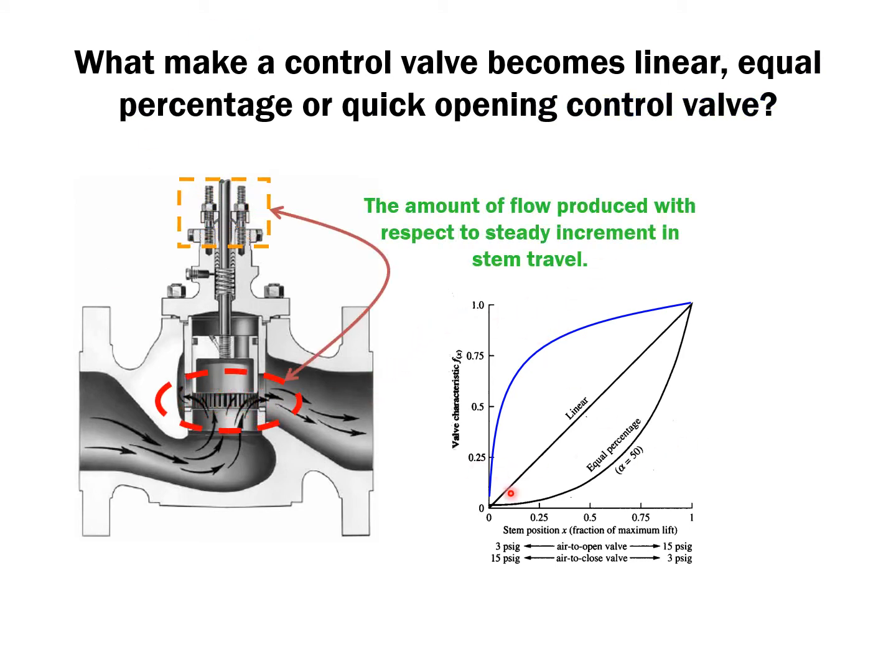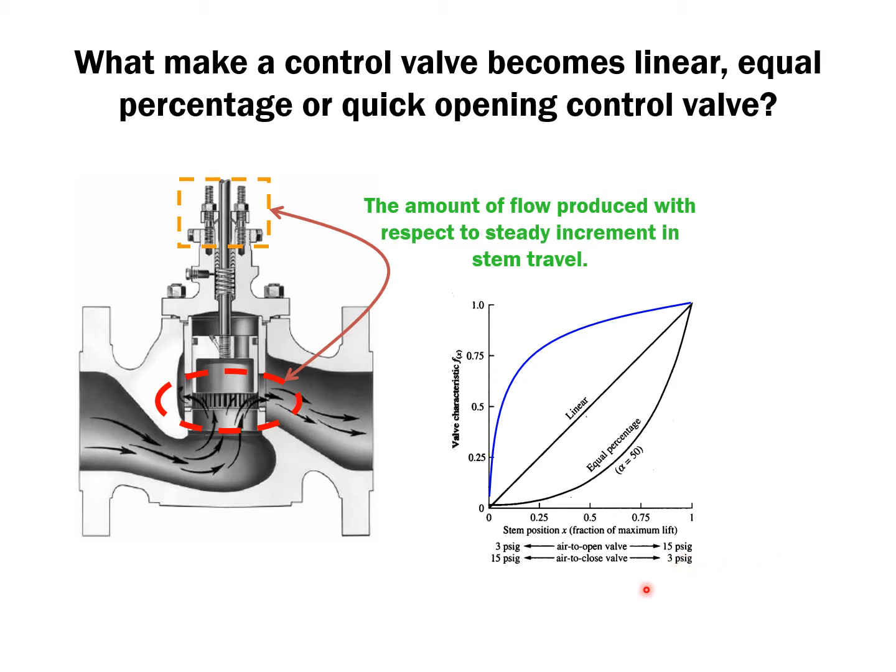We can see from here that the air to open valve normally operates between 3 psig to 15 psig. That means as we feed in the air, the valve will operate from 3 psig until 15.